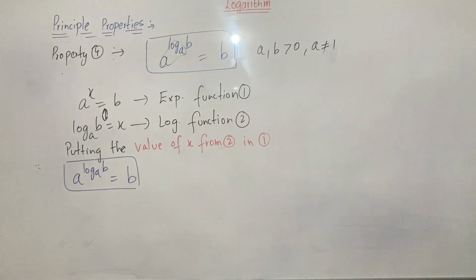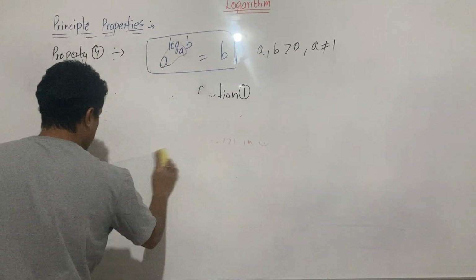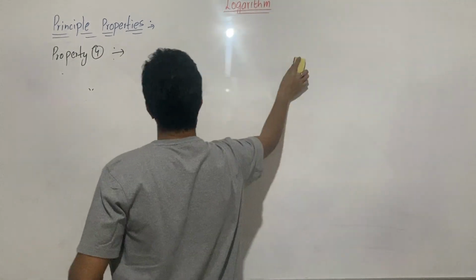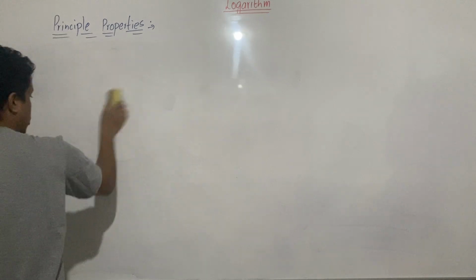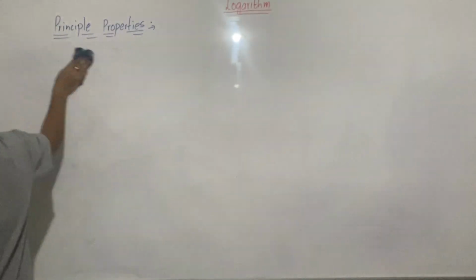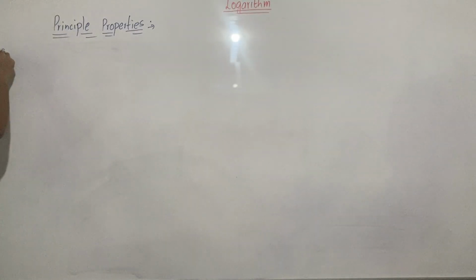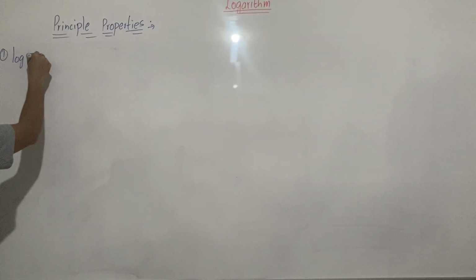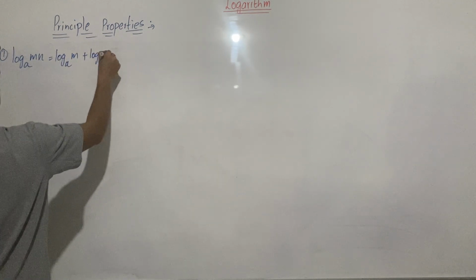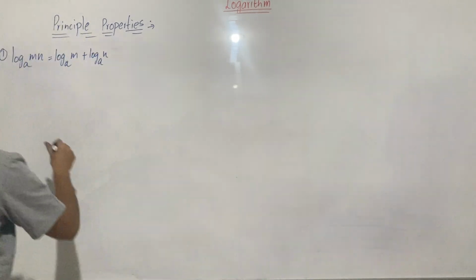Okay, now I will just summarize all the properties that we did in this session, and then we'll work on the questions. On this side, I will summarize all the properties. Our first property was log mn to the base a equals log m to the base a plus log n to the base a, with mn greater than 0, a greater than 0, and a not equal to 1.